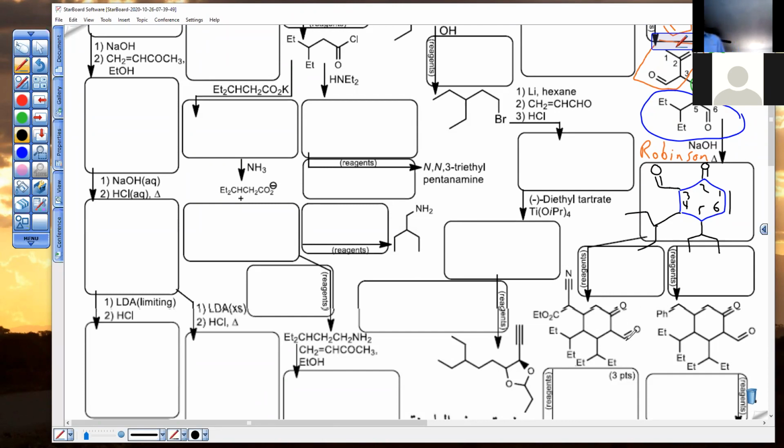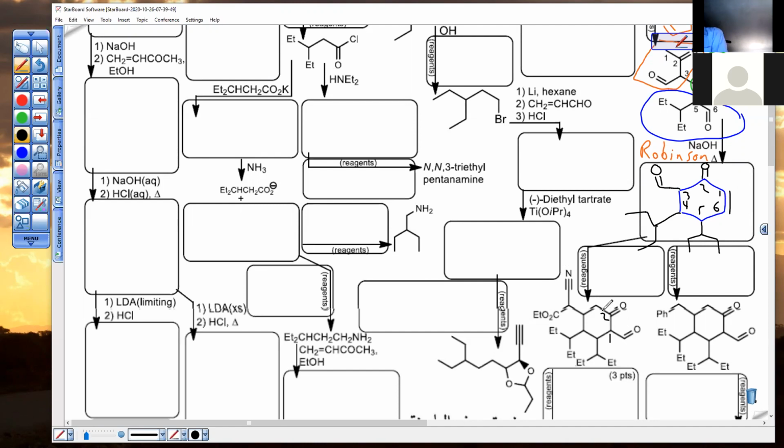Why don't I put the numbers here towards the formula? Ketones 2. Oh, pen's off. And 6 is attached. 6. Let's see. 2, 3.